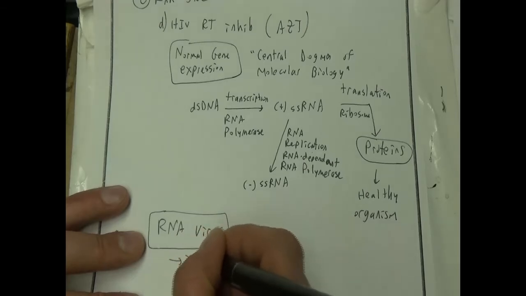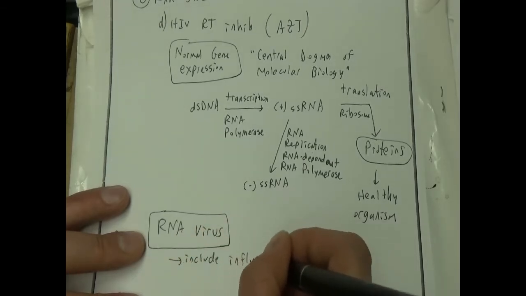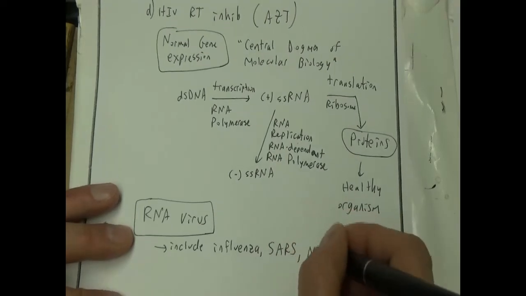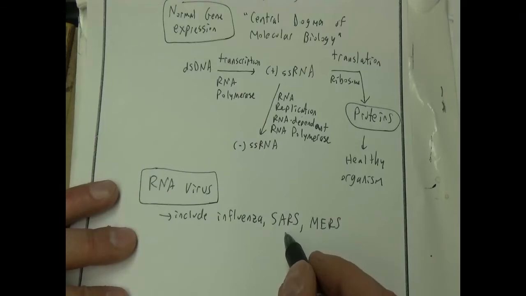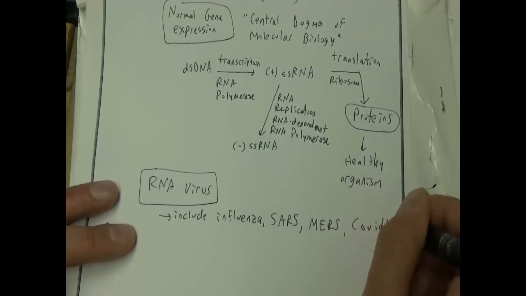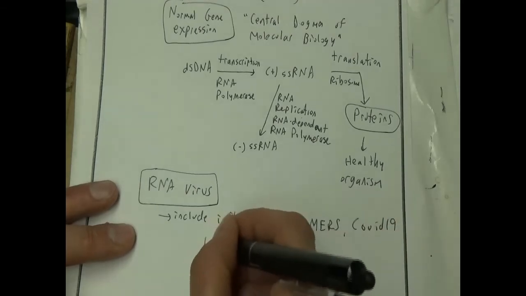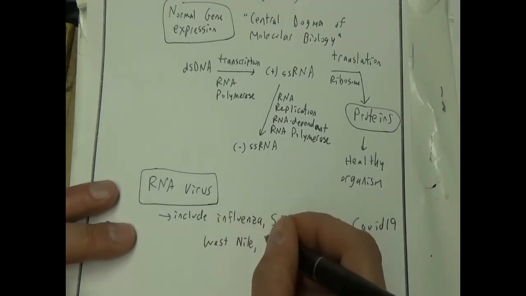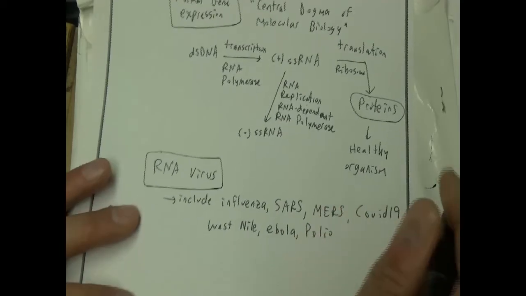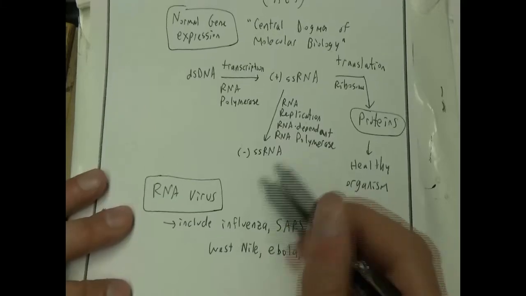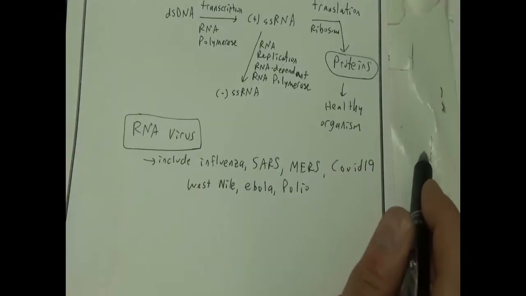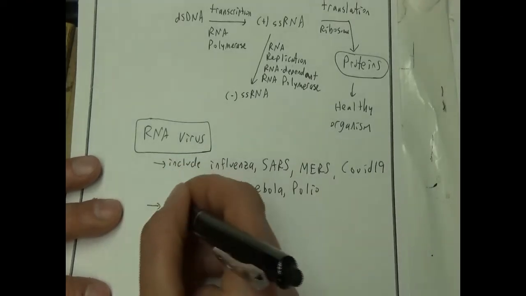These include influenza, SARS, another respiratory virus, MERS, the severe acute respiratory syndrome, the Middle Eastern respiratory syndrome, as well as COVID-19, West Nile virus, Ebola, polio, and there are other viruses. They follow a general type of gene expression that's different than normal gene expression. Okay, so the big thing for RNA viruses is there's no DNA intermediacy.